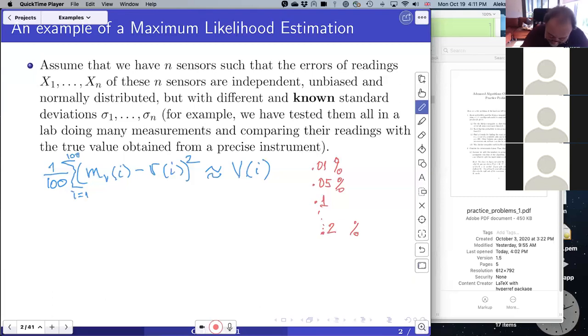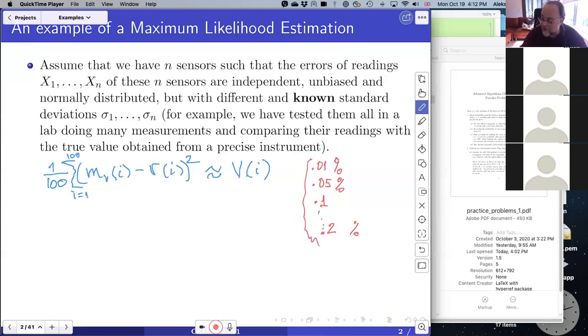So after you've done this testing of your voltmeters, you go to the place where you have to measure your voltage, and you have to decide how to do it. If you have these voltmeters and you know exactly their errors, how would you measure the voltage? Which voltmeters should you choose? If you know the variance of all of them, intuitively, naively, what do you think?